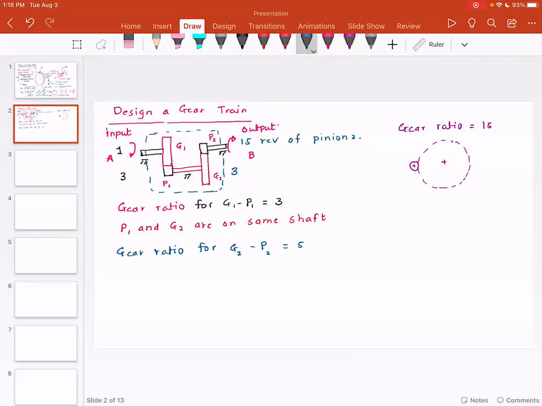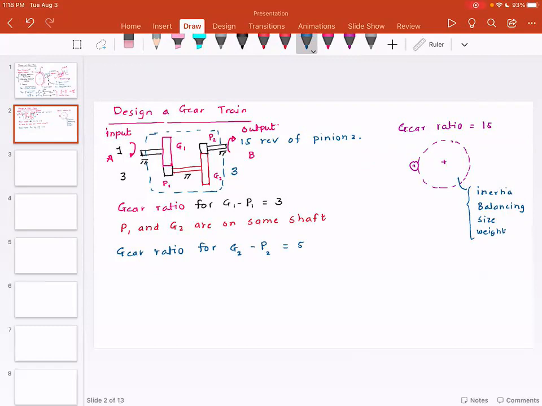And with such a huge gear, you could have inertia issues that could lead to balancing issues, size, weight, etc. So in that case, as an engineer, we go with a gear train.